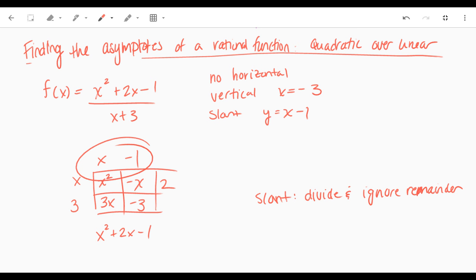All right, I would encourage you guys to graph these. You can't use a calculator when you do them, but graph them so you kind of understand what's going on here. What this is going to look like is you'll have that vertical asymptote at x equals negative 3. You'll have this slant asymptote y equals x minus 1, so y-intercept of negative 1 and a slope of 1. Okay?